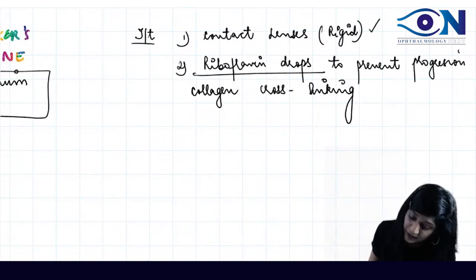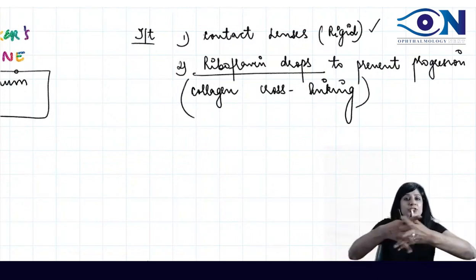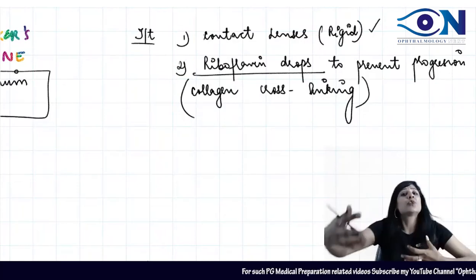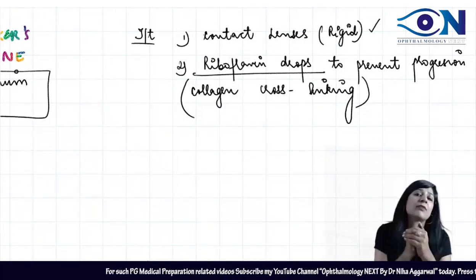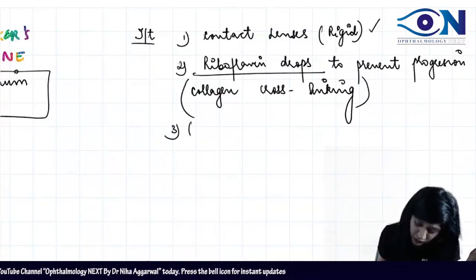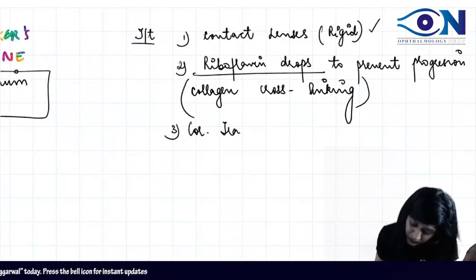How can we prevent the progression? By doing the collagen cross-linking. So they are cross-linking the collagen so that we do not have more protrusion. So we can prevent the progression. And in the last, if I do not have any result, then we can do corneal transplantation.